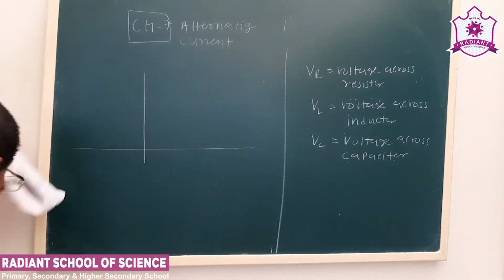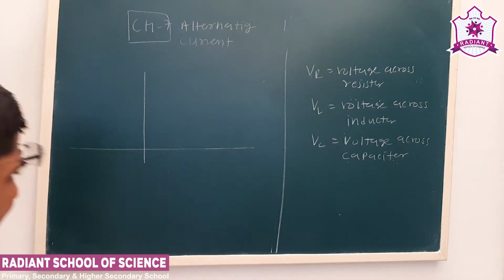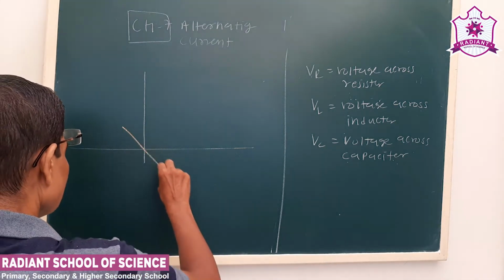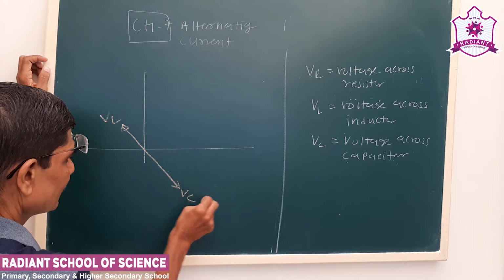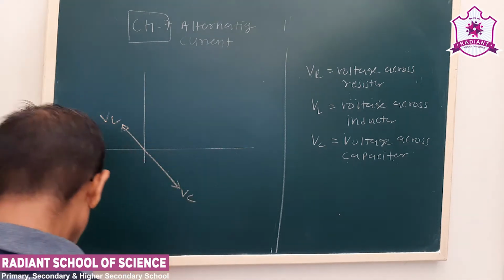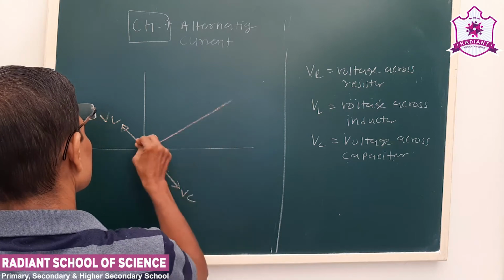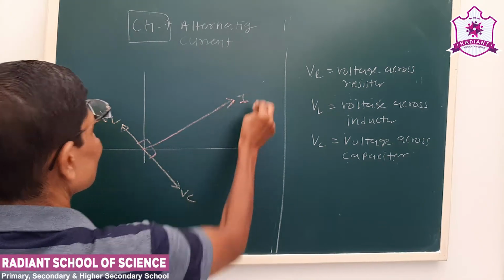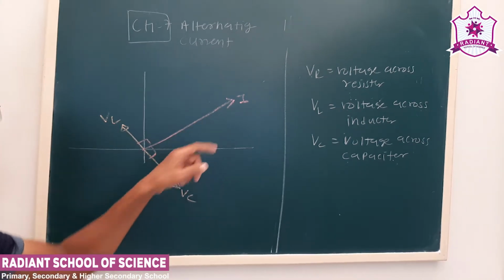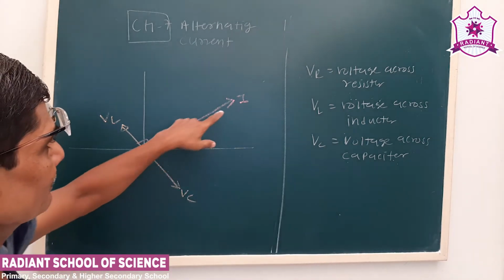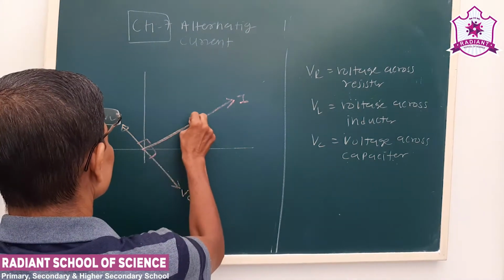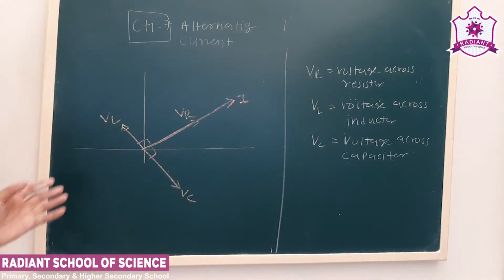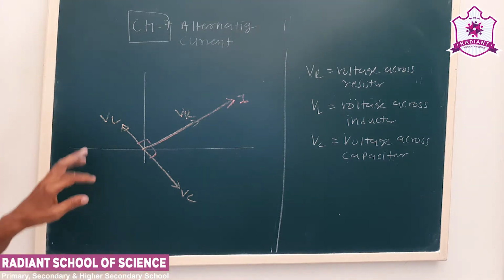Let us say this is our coordinate axis. Now we have seen that VL and VC are in opposite phase. Our current is I. The inductor current is behind the voltage by pi by 2. In the capacitor, the current is ahead of the voltage by pi by 2. And the voltage across the resistor is VR. So what we have done, we have shown all three phasors in the same diagram.